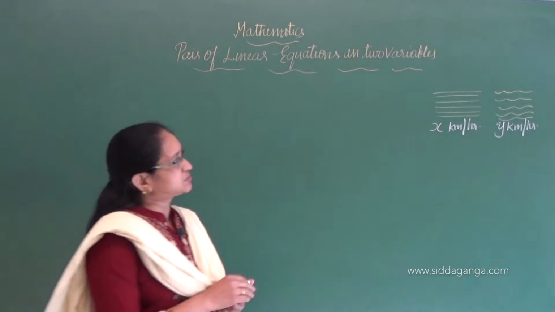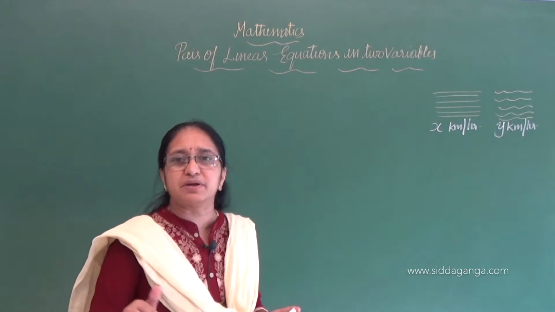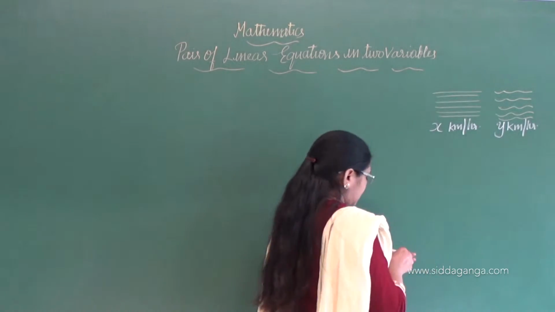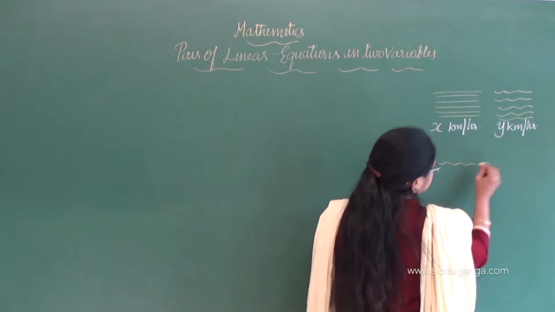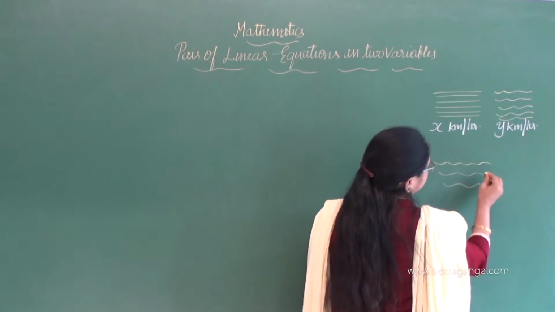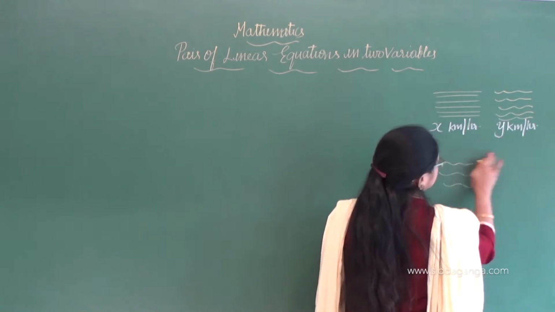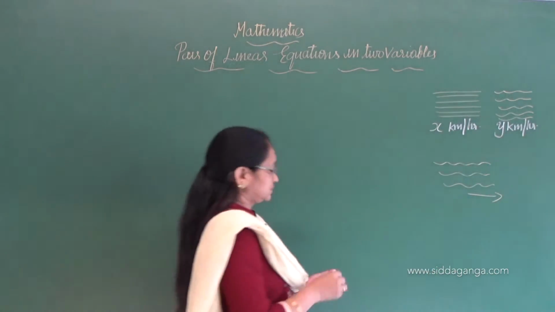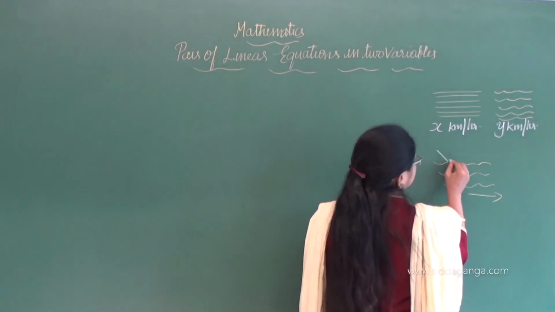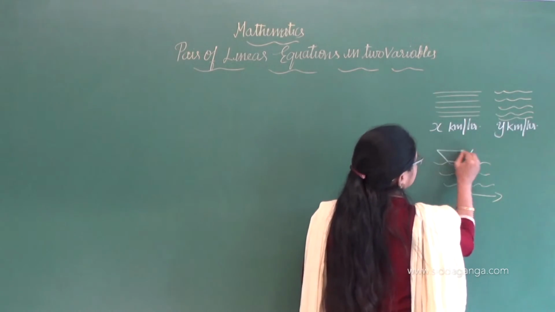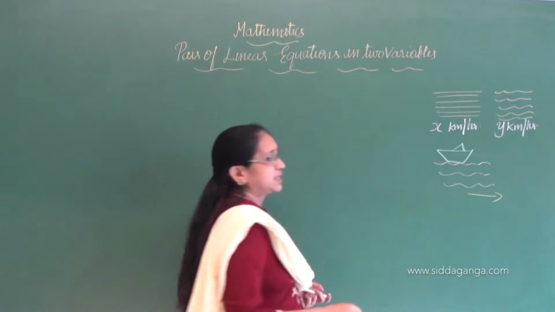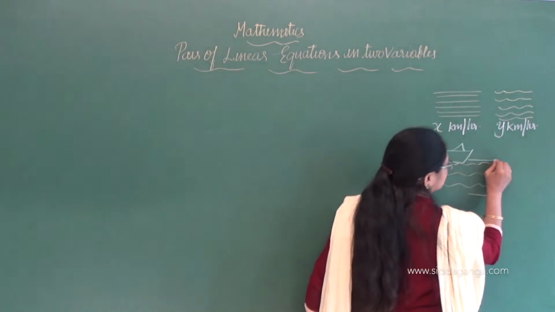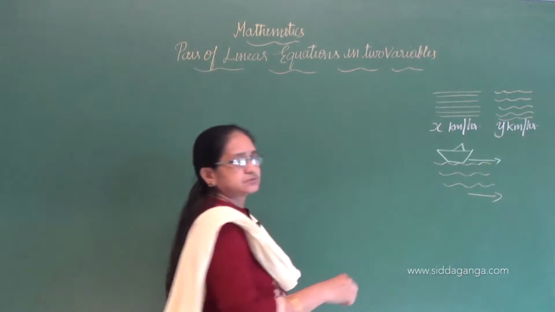So first let me try to explain what is meant by downstream. Downstream means, see this direction, the water is flowing in this direction, and the boat is also moving in this direction.